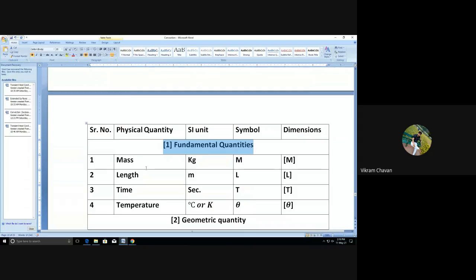SI unit is second. Symbol is capital T, and dimensions also capital T. The fourth one is temperature. SI unit is degree Celsius or Kelvin. Symbol is theta, and dimension is also theta. So write down the fundamental quantities, everyone.